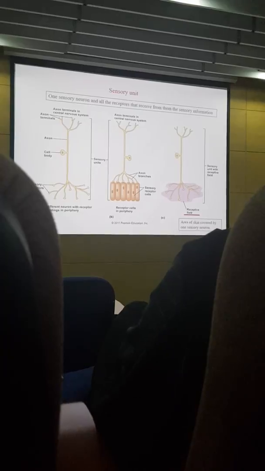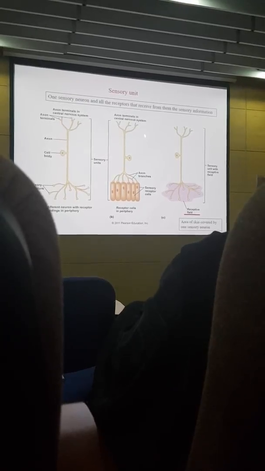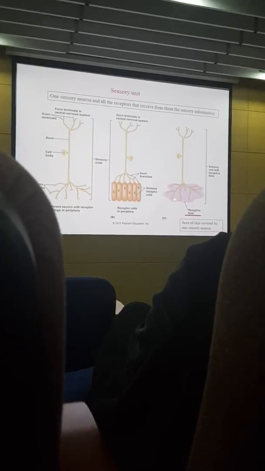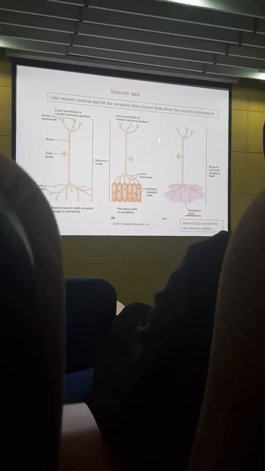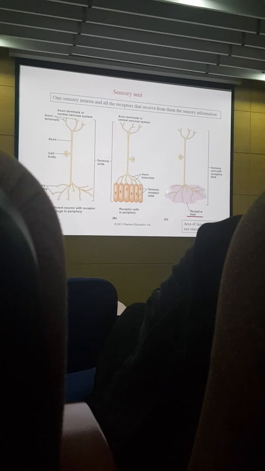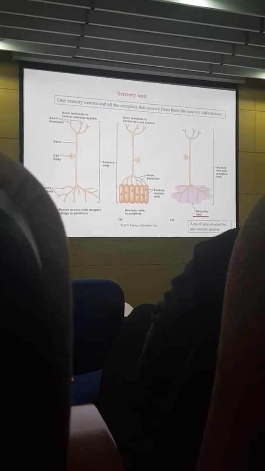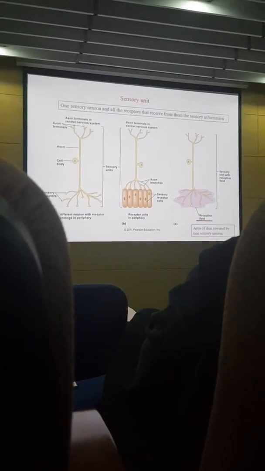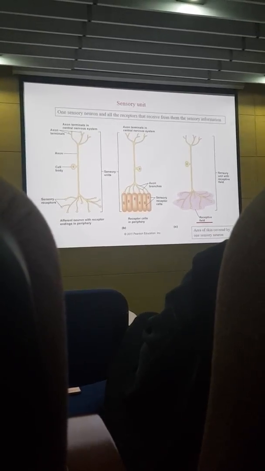Okay, sensory unit. So the sensory unit is the neuron and the receptors. Of course the receptors receive from an area of the skin. So it is the sensory neuron and the area supplied by that sensory neuron. And from it we will come to see the dermatome.